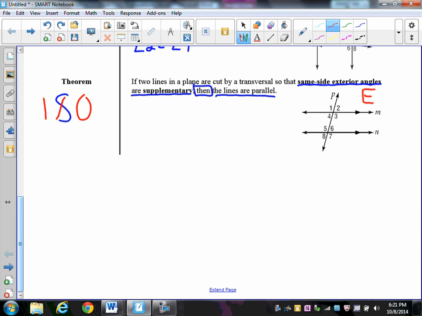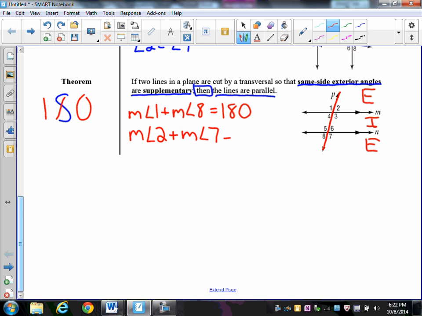We label it E, I, E. My transversal is line P. And on the same side, I have the measure of angle 1 plus the measure of angle 8 equals 180 degrees. And we also have the measure of angle 2 plus the measure of angle 7 equals 180.